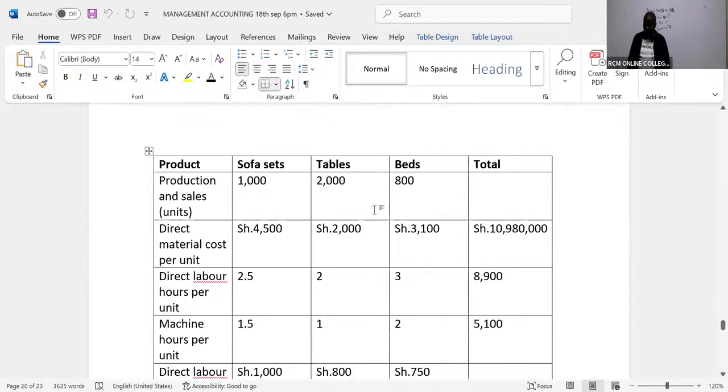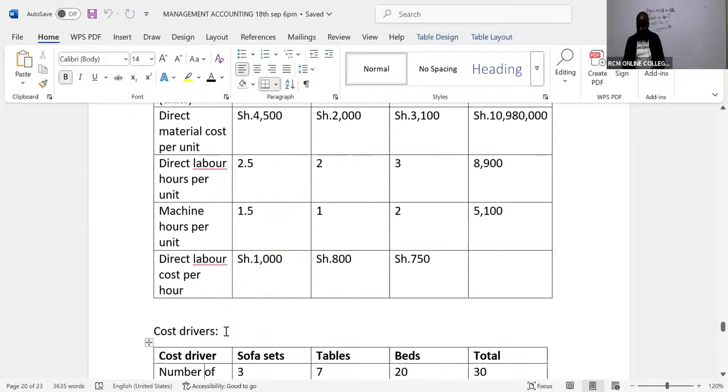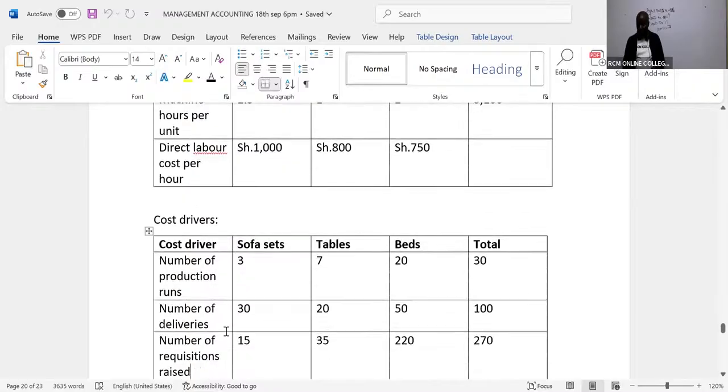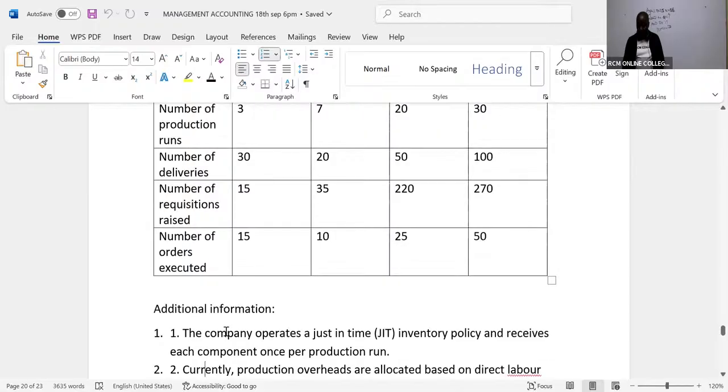So I can see production and sales. Sofa set, I'm planning to sell 1,000, tables 2,000, beds 800. Then they've given me direct material costs. I have direct labor hours per unit. I have machine hours per unit. I have labor cost per unit. Then they have given me cost drivers, nice things there.